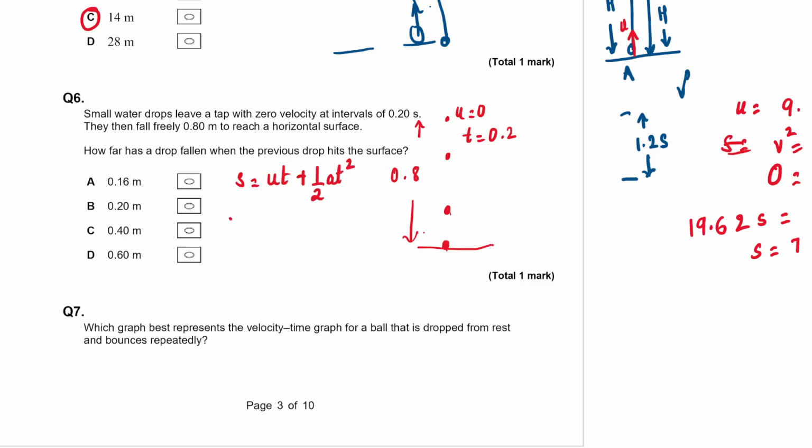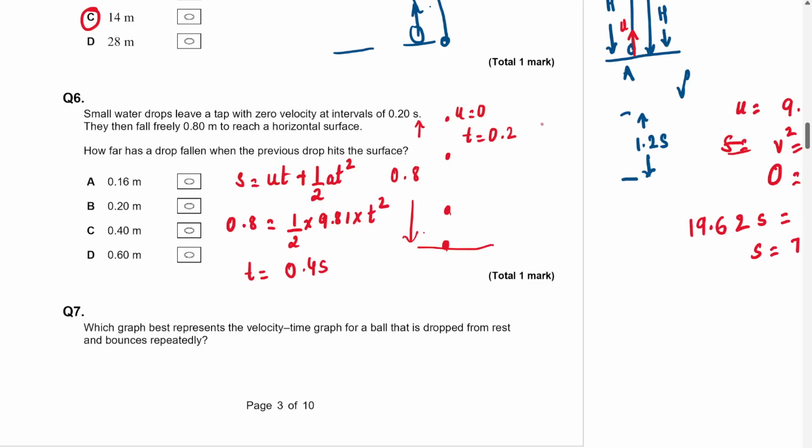S is 0.8, u is 0, a is 9.81, times t squared. I'm going to use my calculator to get this. So this is giving me around t equals 0.4 seconds. So it takes 0.4 seconds to come.